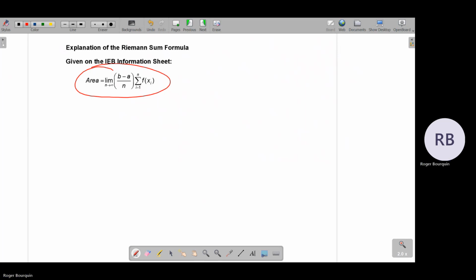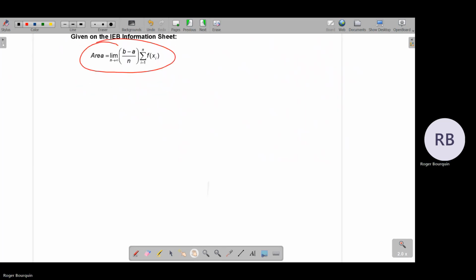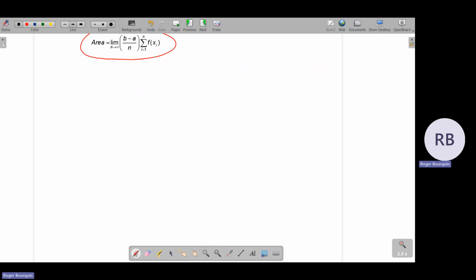So now, in this scenario, we've got a curve, and we're trying to find the area under the curve. You're going to need to draw a diagram, and we're going to be using this whole page to explain it. If you don't understand this, you're not going to understand this section.